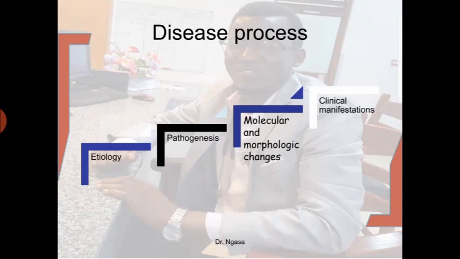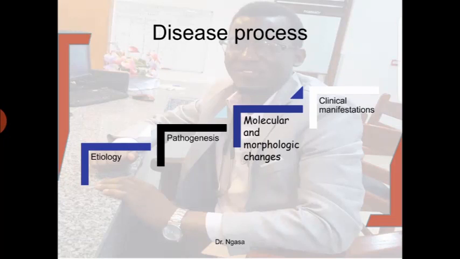So this is a pictorial presentation of the disease process, starting from etiology, where we have an etiological factor or a causative agent or a stimulus which may go and affect a certain cell or tissue or organ. Then this impacts a certain mechanism which affects that cell or tissue, and that mechanism is known as pathogenesis.